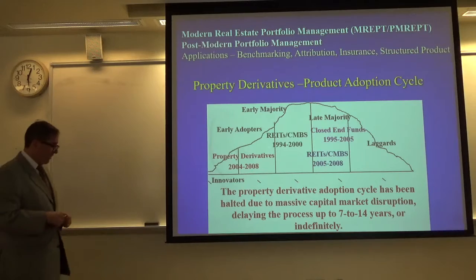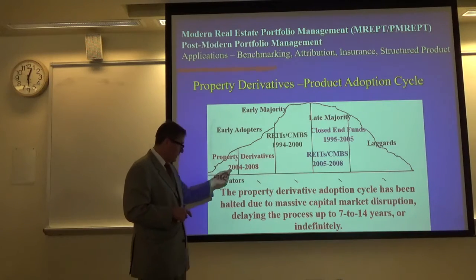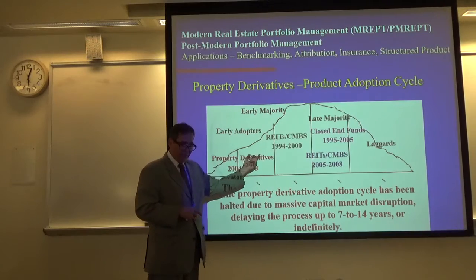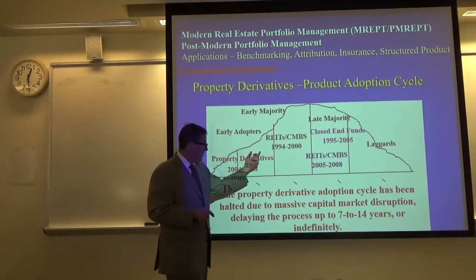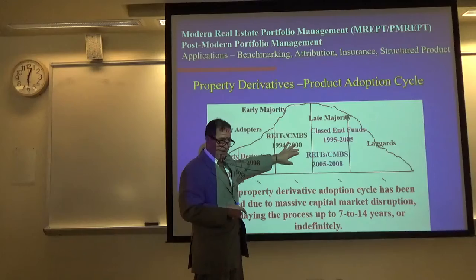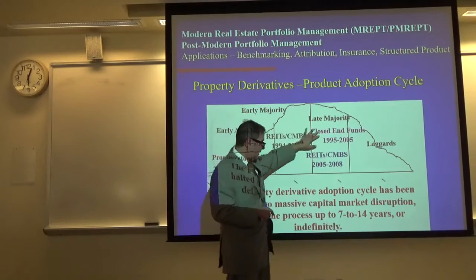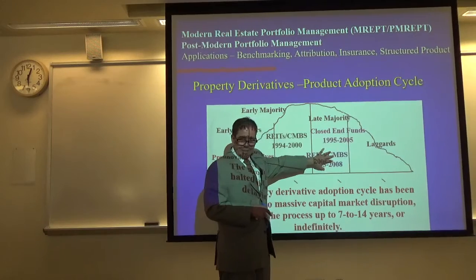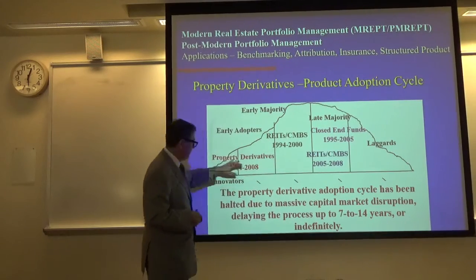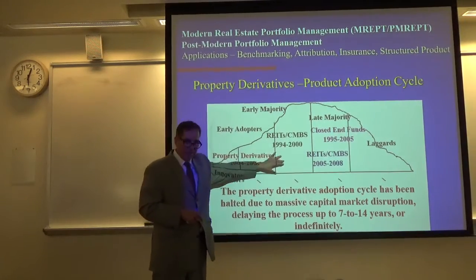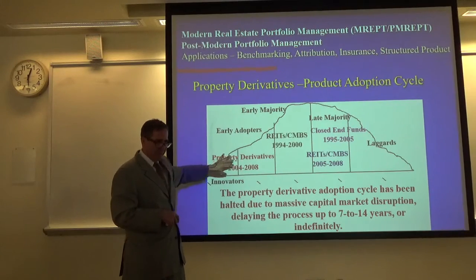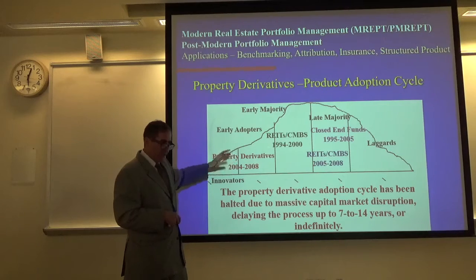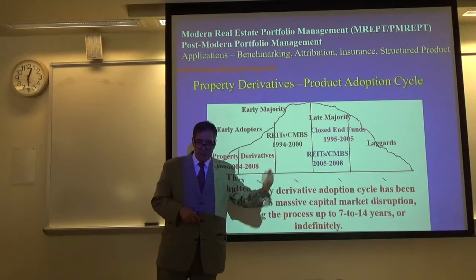And the same thing, property derivatives were in the innovator stage. I thought for sure we were going to go into the early majority phase, just like REITs and CMBS were already fully adopted. Closed-end mutual funds, REITs and CMBS were also late majority at that time. So I was looking for case studies and other new products that had been developed to track where this market was going, so that we could forecast what our revenue stream was going to be.